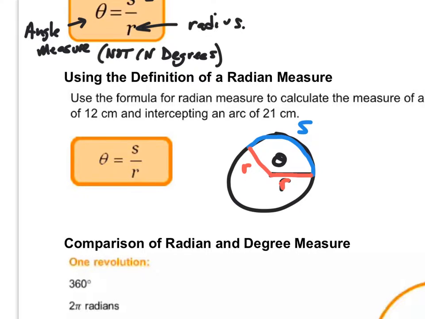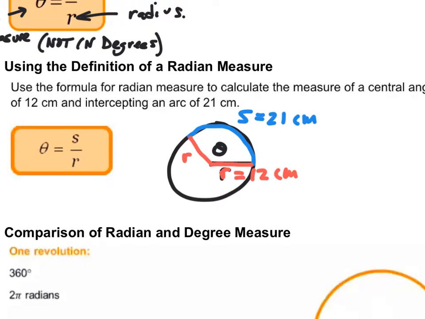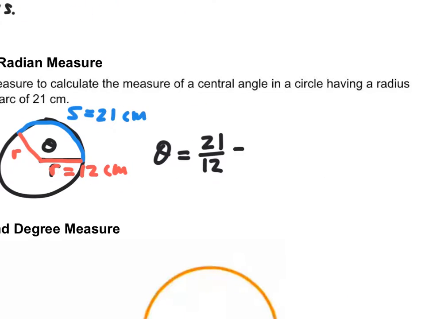We don't want to measure that in degrees, we want to measure it in radians. If our arc length is 21 centimeters and our radius is 12 centimeters, then we can figure out that angle measure in radians. Theta would be equal to 21 divided by 12, which gives us an angle measure of 1.75 radians.